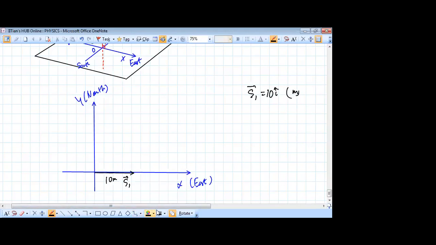Your second displacement, which is 30 root 2, will become like this. 45 degrees, oh sorry, south, my mistake.